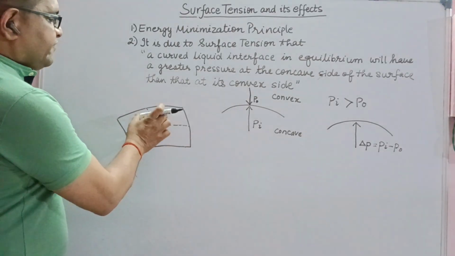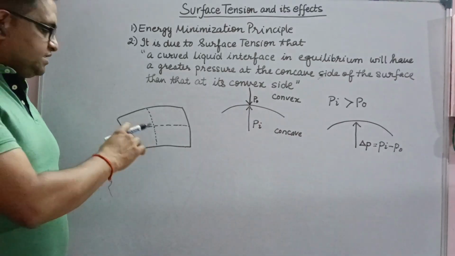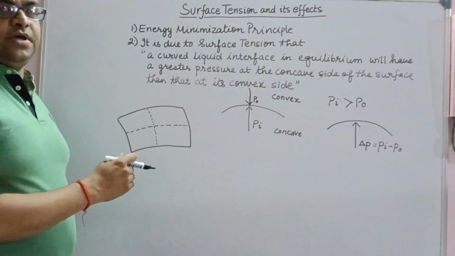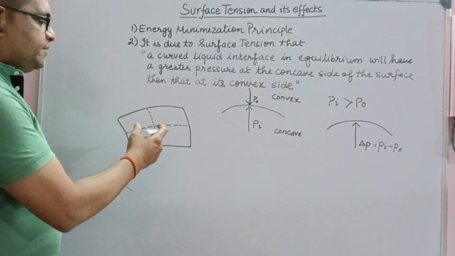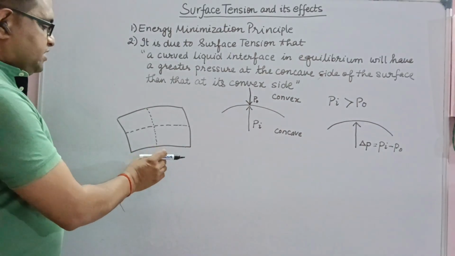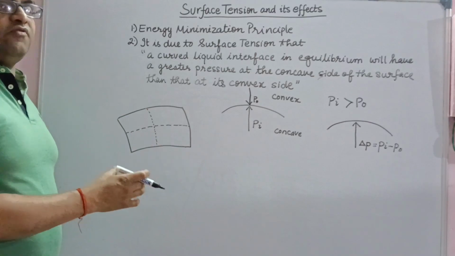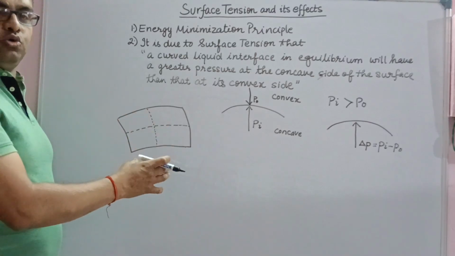Now this is the curved interface which we are considering, and here we will consider that both of these sides subtend angles, say d theta 1 and d theta 2, at the center of curvature, and they have radii of curvature r1 and r2.